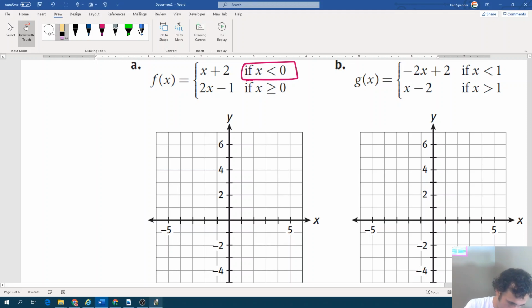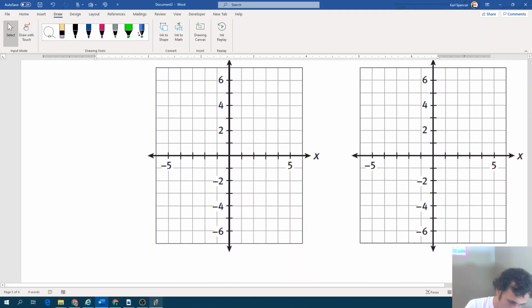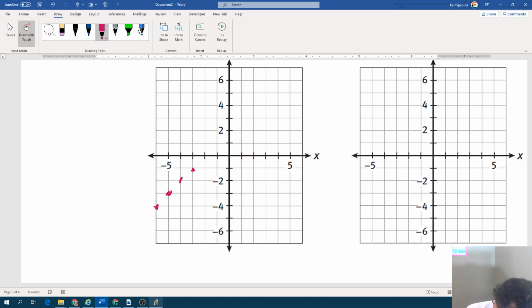Try that one more time. Negative 6, negative 4, negative 5. Here we go. And then at the 0, I have an open circle.